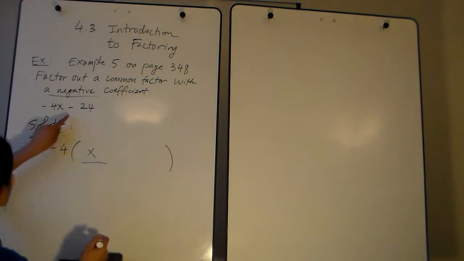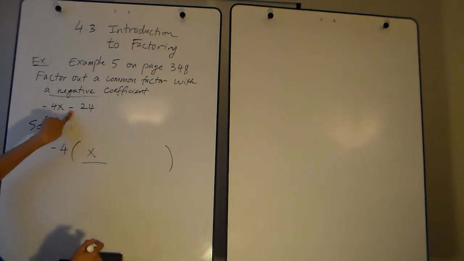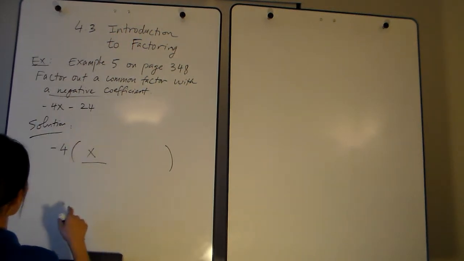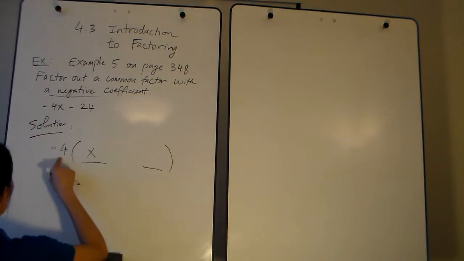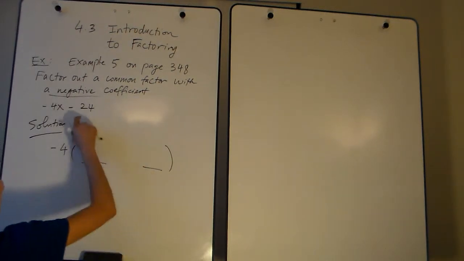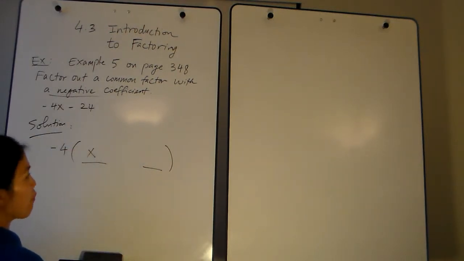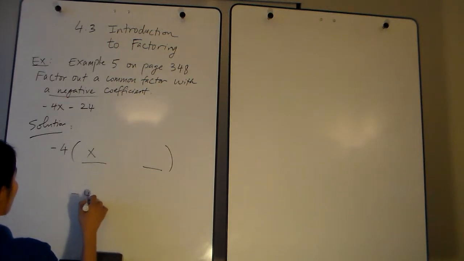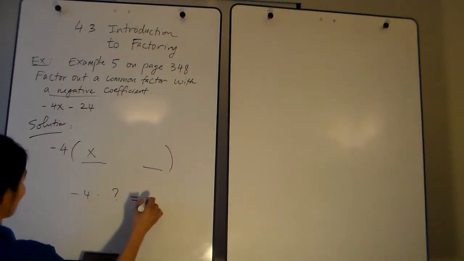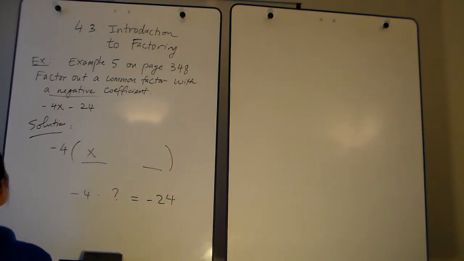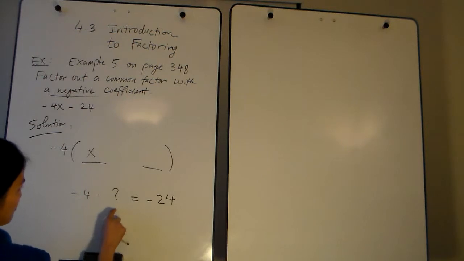All right? Now, this is the negative side right here, right? So you need to figure out negative 4 times what guarantees you still have negative 24, okay? So negative 4 times what equals negative 24, okay? Looks like you have to multiply by 6, right?